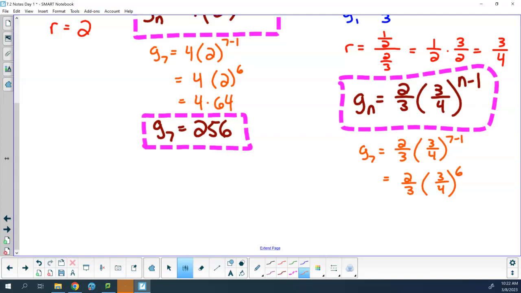And your mean old math teacher said no decimals. So how can I make 3/4 to the 6th power in fraction form? Or how do I keep it in fraction form and still be able to find it?